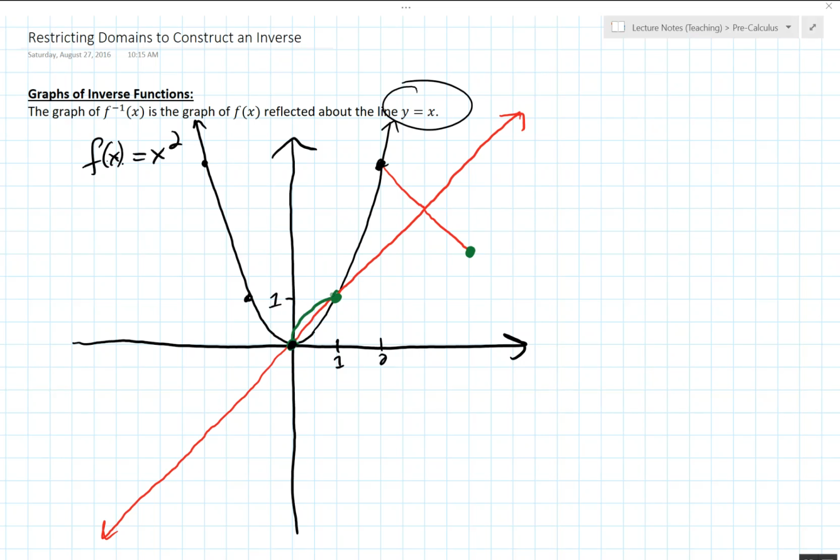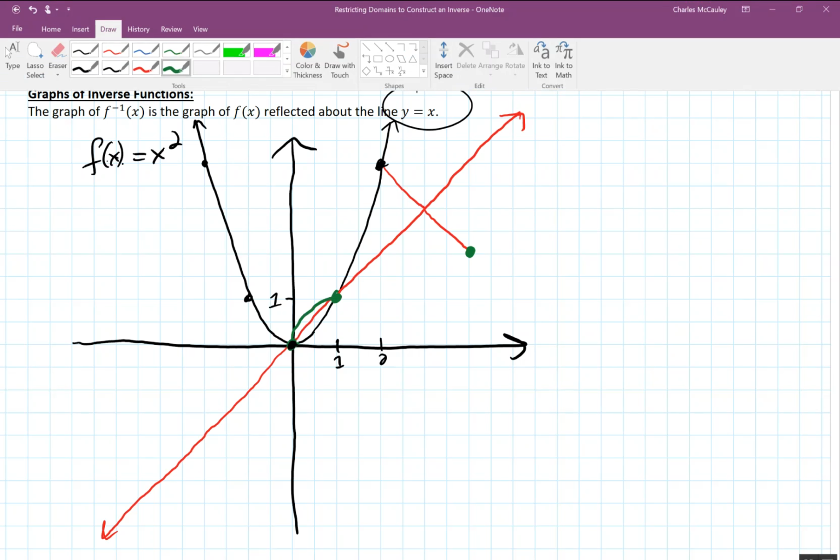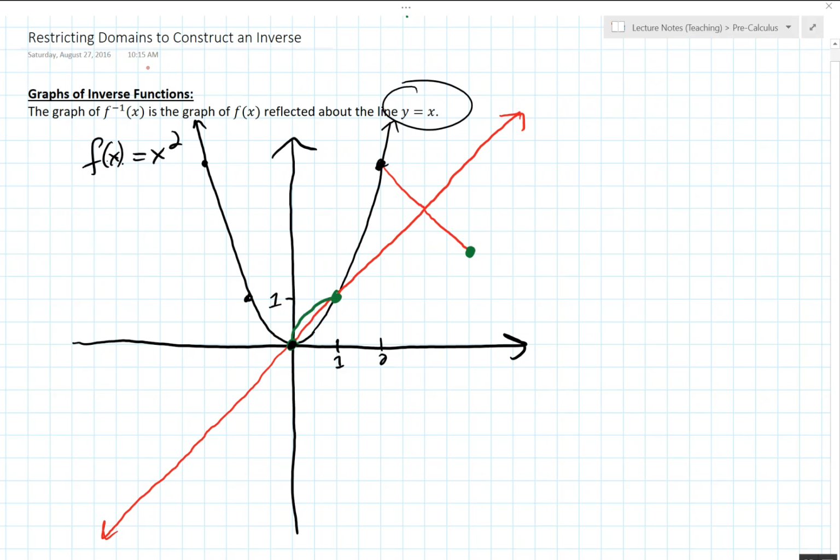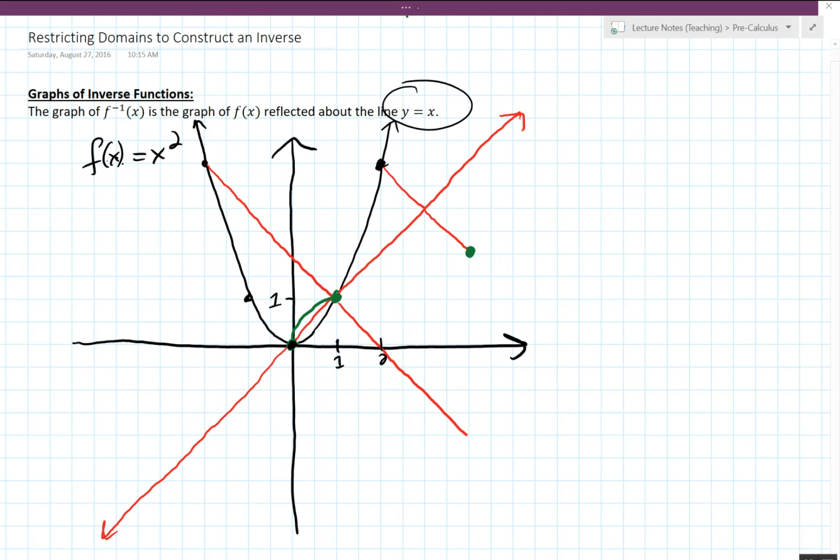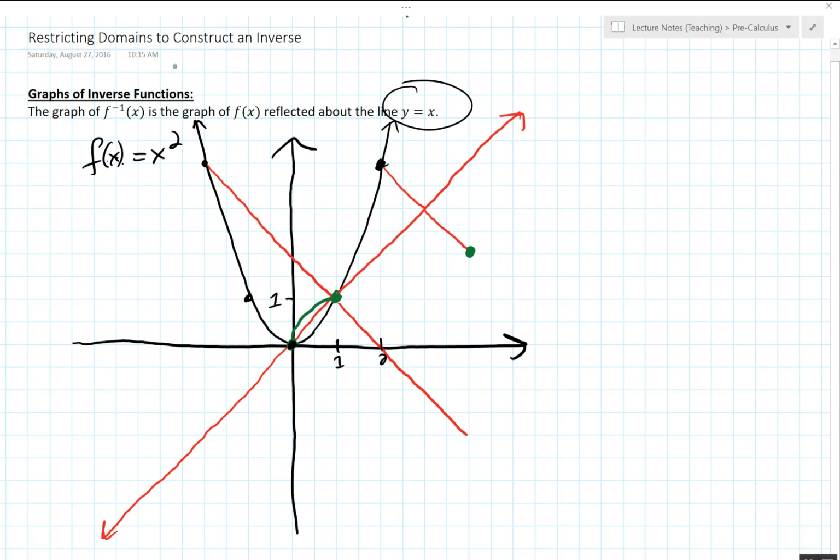This point gets reflected here. This point, let me draw this in red to keep consistent. If I drop the perpendicular, we'll actually go through here, and if I continue in the same direction, my reflection of that point is going to be right there.